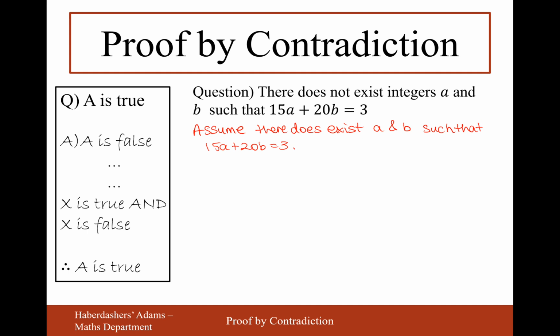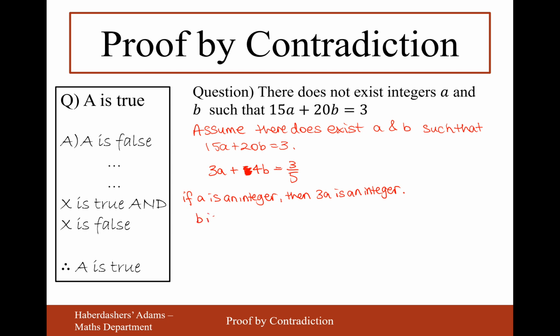Okay, so what we might want to do with this bit of algebra is divide by 5. 3a plus 4b equals 3 divided by 5. And now what we've got here is something that really doesn't make sense, because if a is an integer, then 3a is an integer. That's pretty easy. An integer is just a whole number.